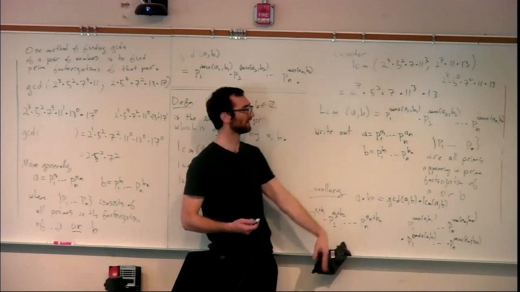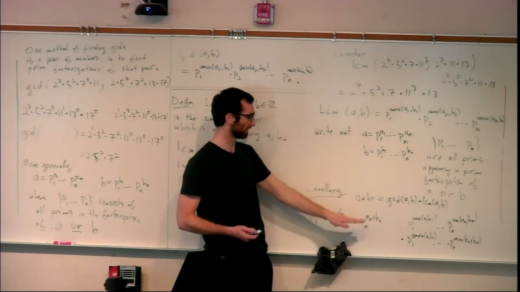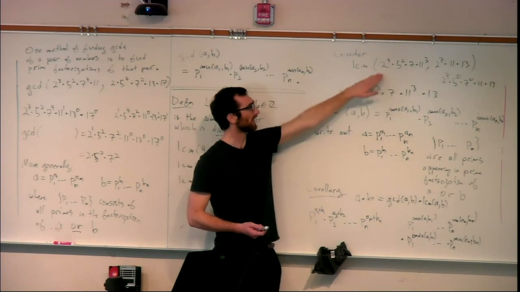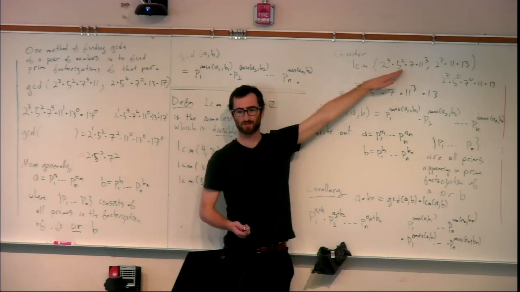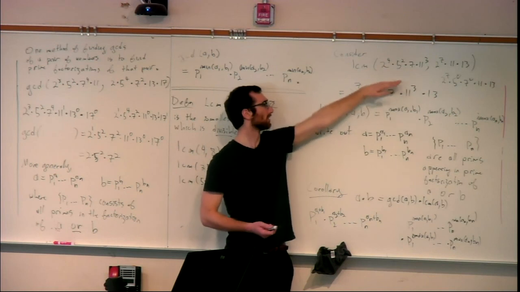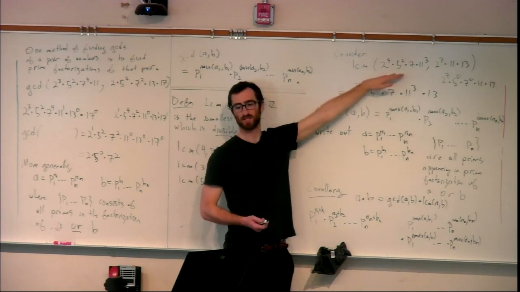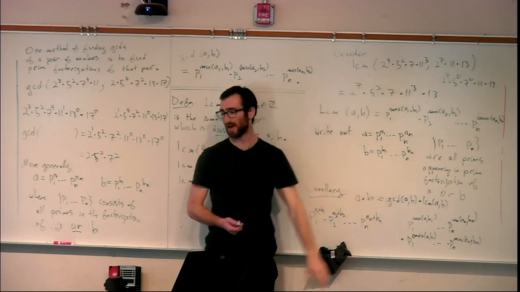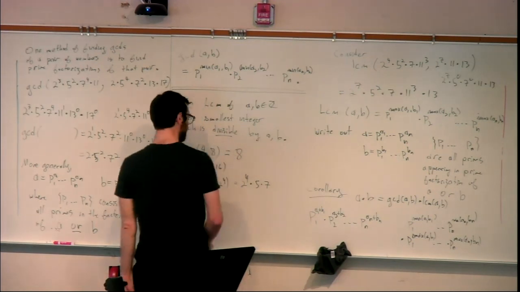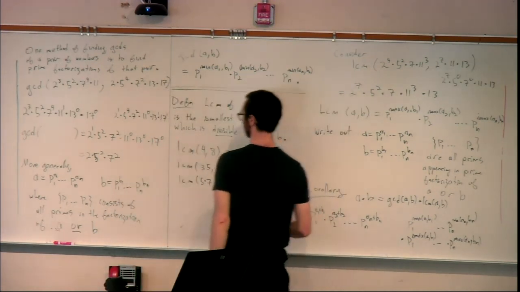This process maybe looks a little complicated, and it does have a lot of notation, but if you just start writing out prime factorizations, if you did that with this example, you'd see it's exactly true. And in fact, I have 41 seconds, so I can try to do it with this example.